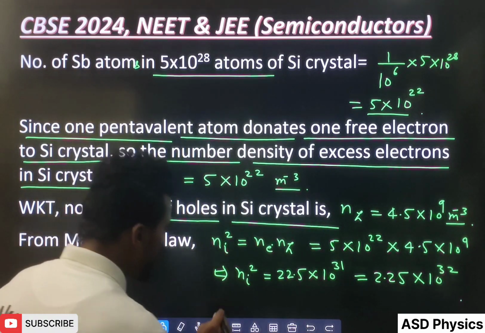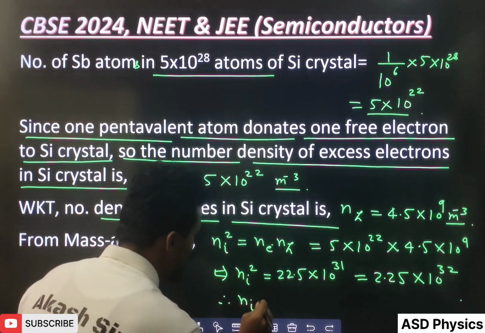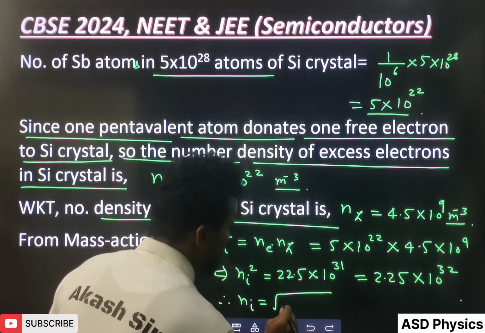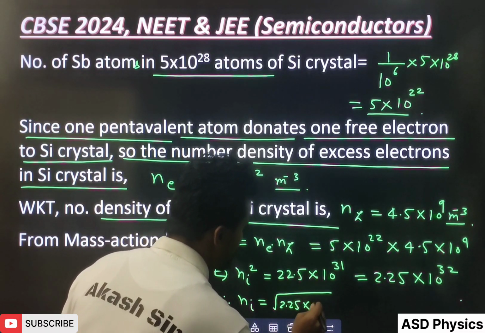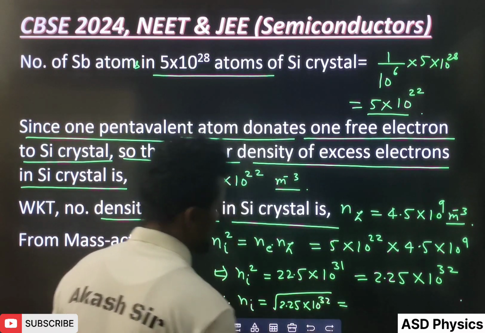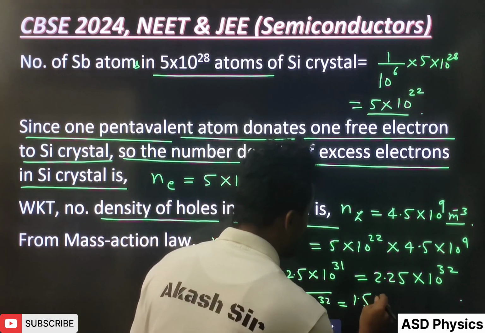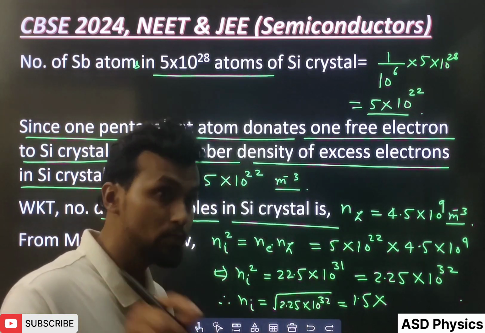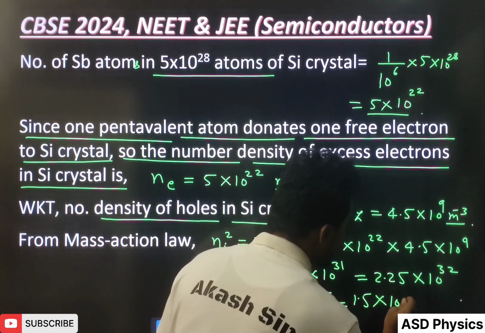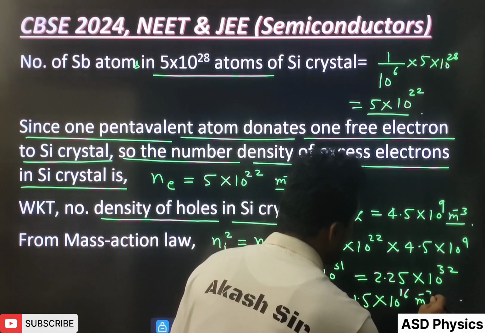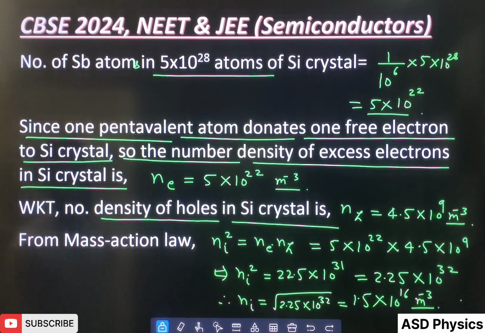So the intrinsic charge carrier concentration is the square root of 2.25 into 10 to the power 32. The square root of 2.25 is 1.5, and the square root of 10 power 32 is 10 to the power 16. So Ni is 1.5 into 10 to the power 16 per meter cube.